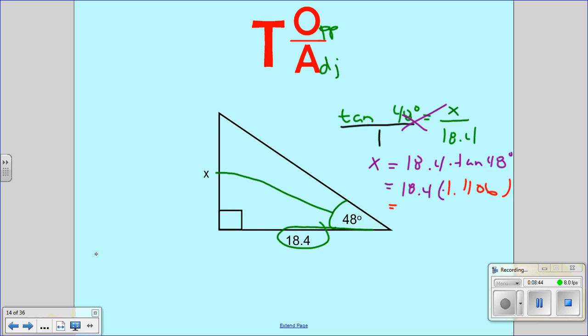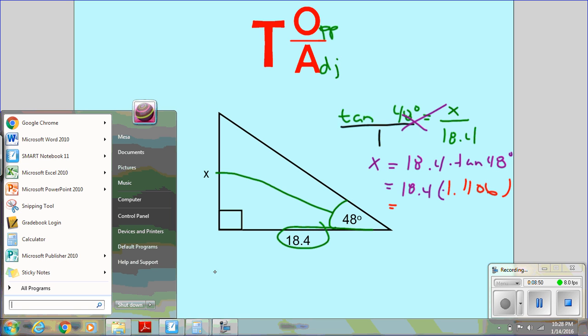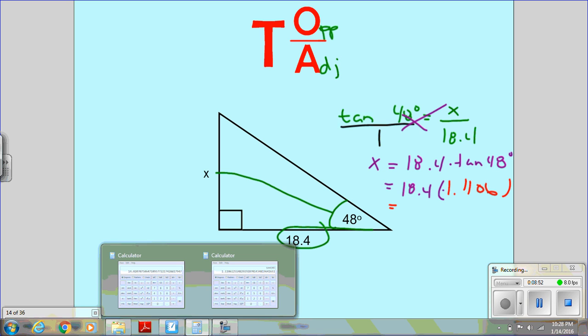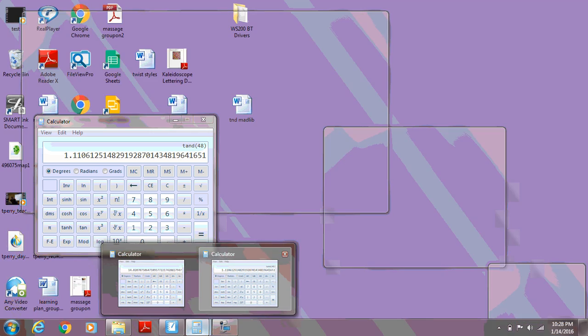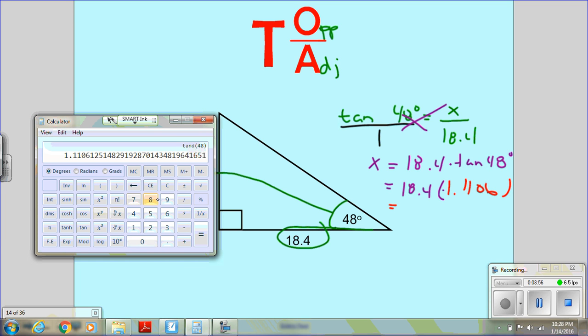And I multiply that with 18.4. And you get 20.44.